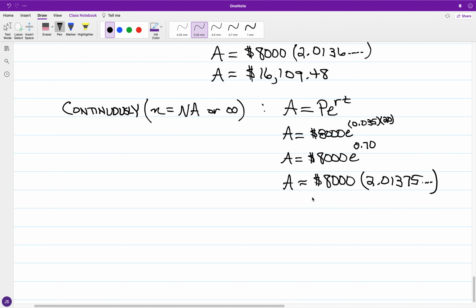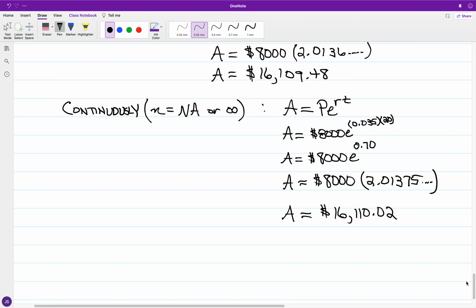Just multiplying by $8,000 and putting it in terms of dollars and cents, we have maxing out right at $16,110.02.